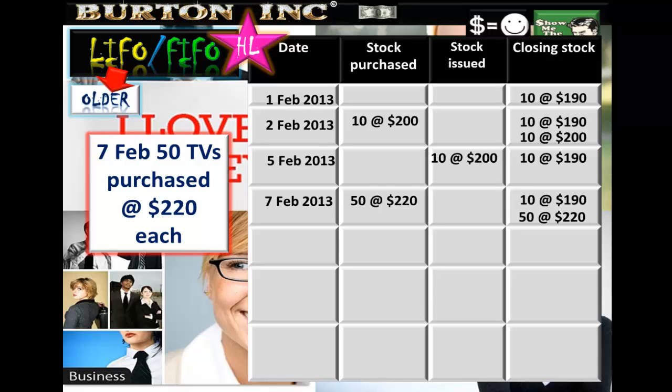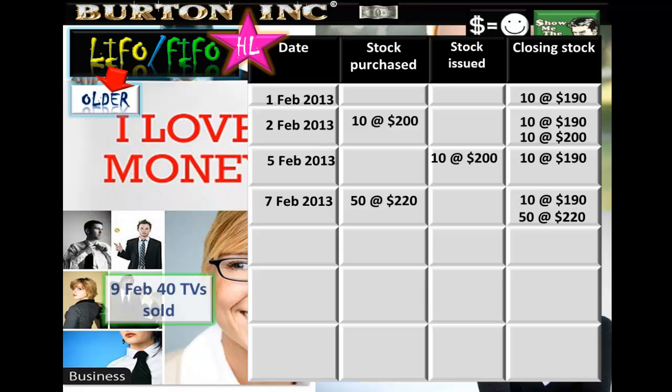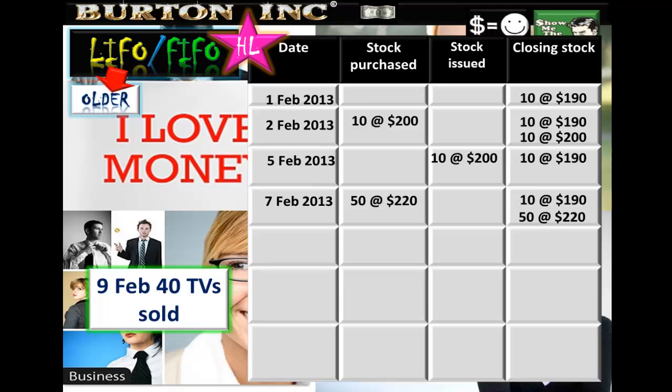Now we know, because we're in LIFO, we are aiming to keep our stocks as old as they can be, that any stock we now issue is going to come from the more expensive and the newer stock of TVs that we have on hand. So here we are, we've got sales of 40 TVs on the 9th of February.